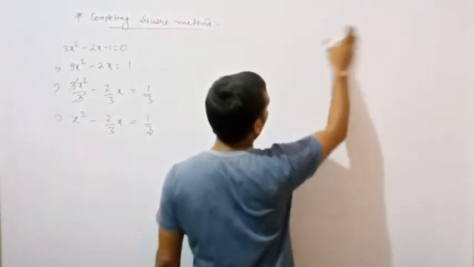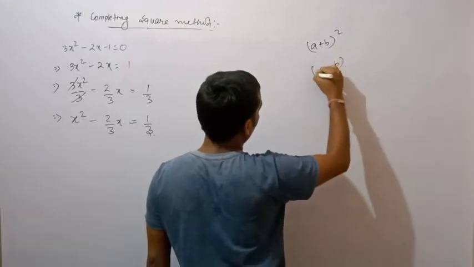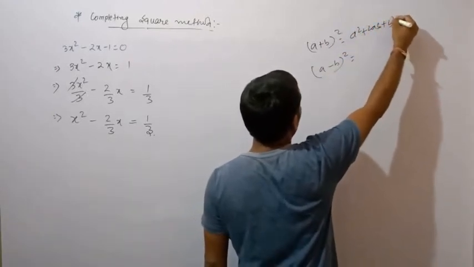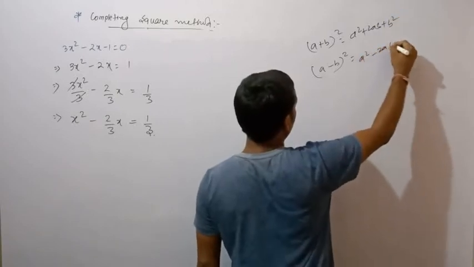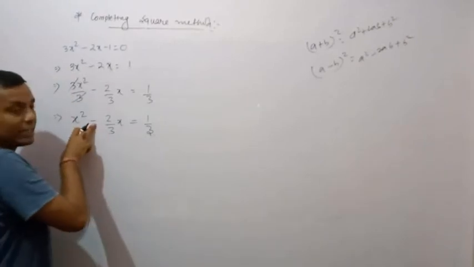I wrote two formulas, student. One is (a + b)² and the second one is (a − b)². For this we have a² + 2ab + b², and for this we have a² − 2ab + b². Just observe the sign. The sign is negative.